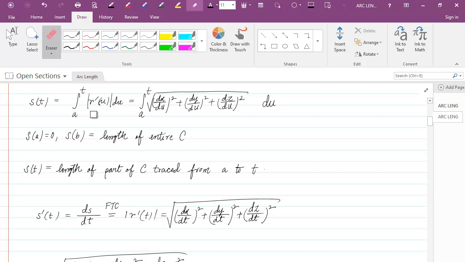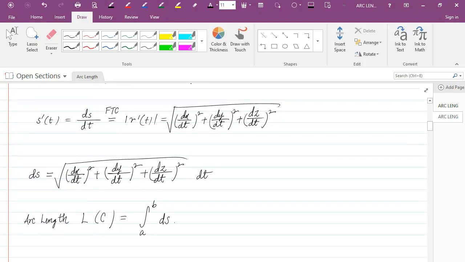So by the fundamental theorem of calculus, s prime of t is the length of r prime of t, which is the square root of dx dt squared plus dy dt squared plus dz dt squared. So ds dt is given by this quantity.